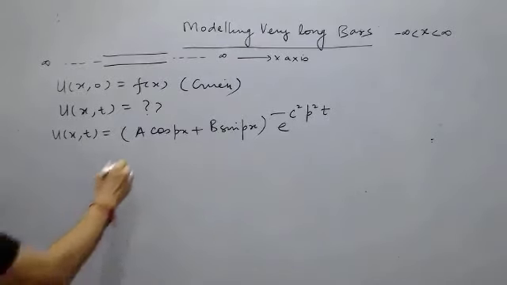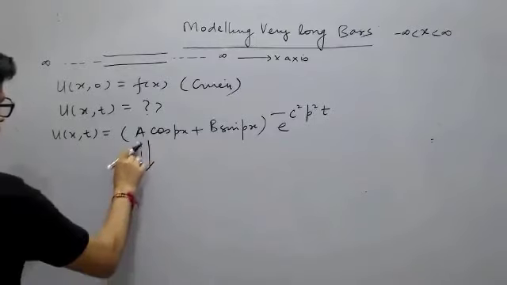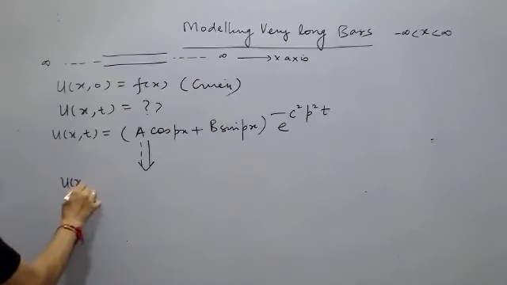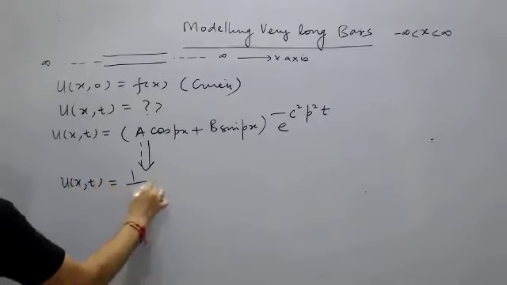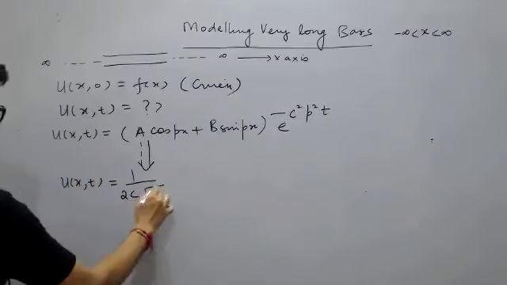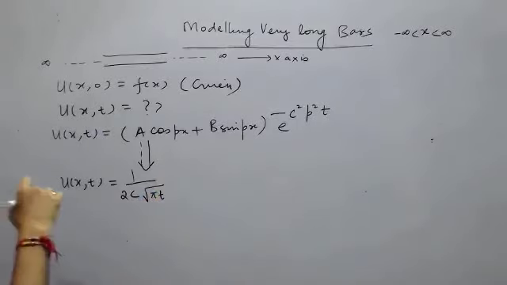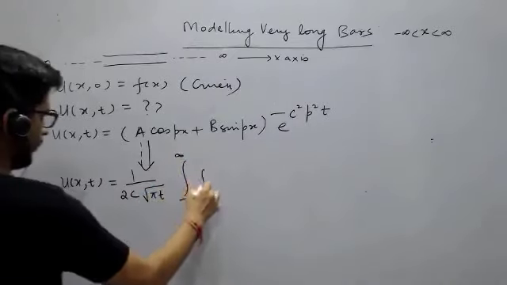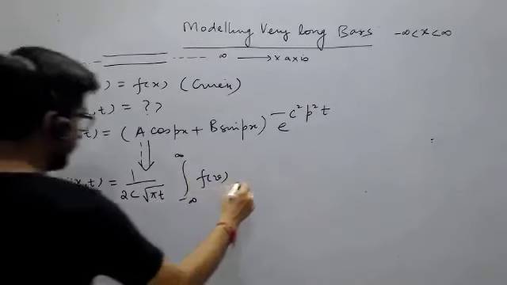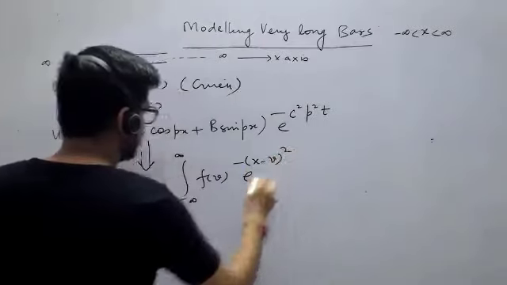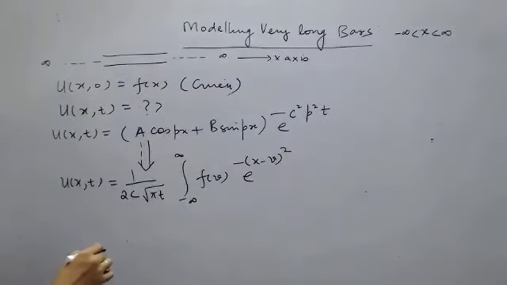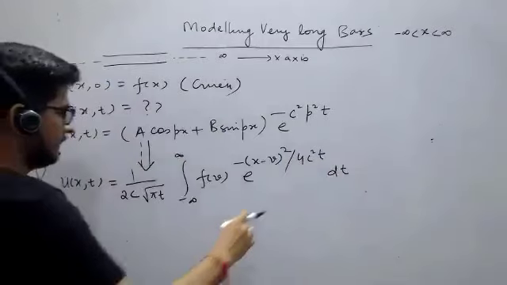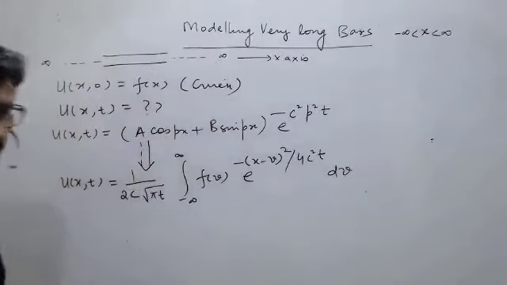After the long mathematics is done, Fourier transformation is applied, and what we get is u of x comma t is equal to 1 upon 2c under root pi t, integral from minus infinity to plus infinity of f(v) e to the power minus (x minus v) square over 4c square t dv.